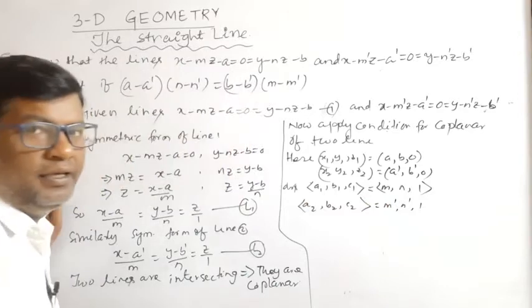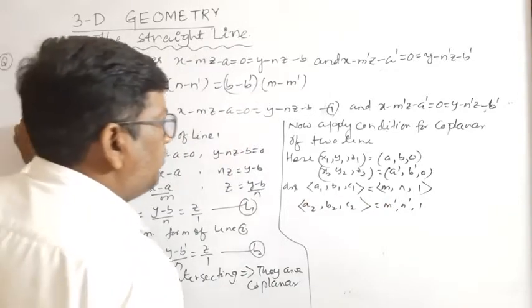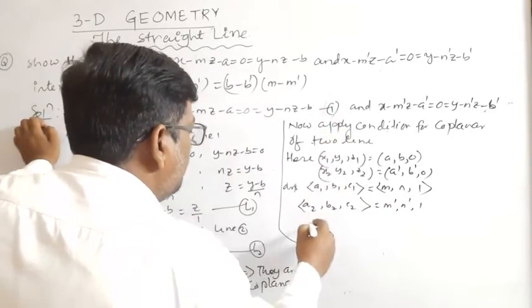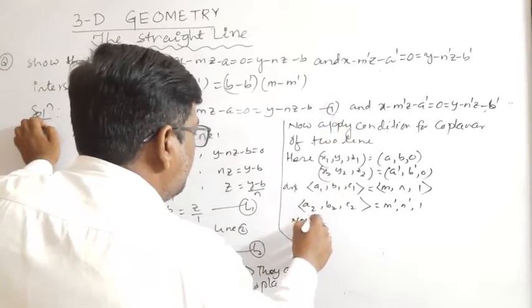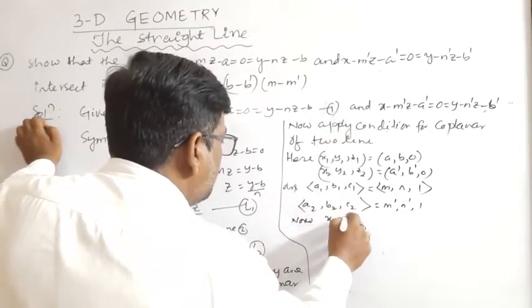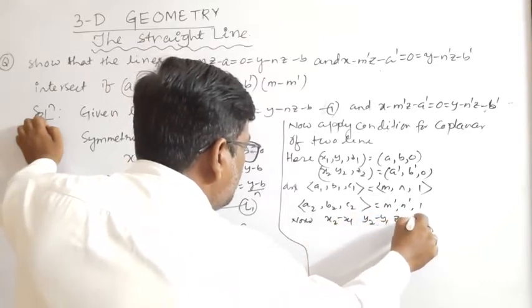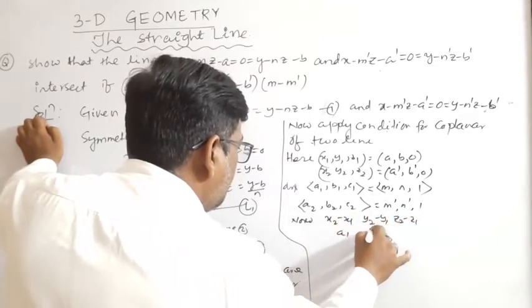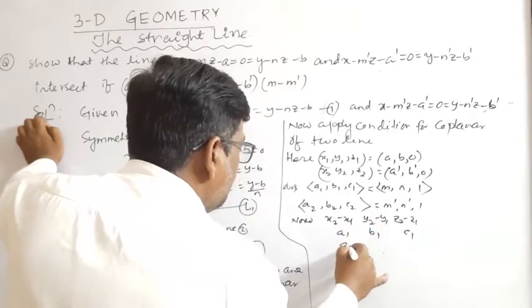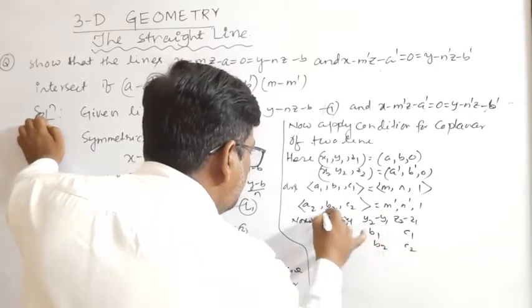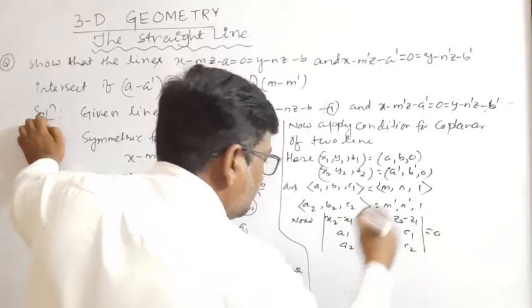Now, by the condition for coplanarity, the determinant of x2 minus x1, y2 minus y1, z2 minus z1, a1, b1, c1, a2, b2, c2 is equal to 0.